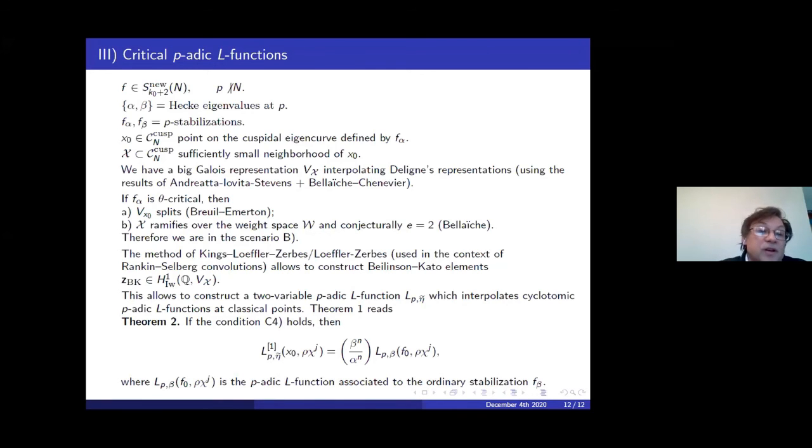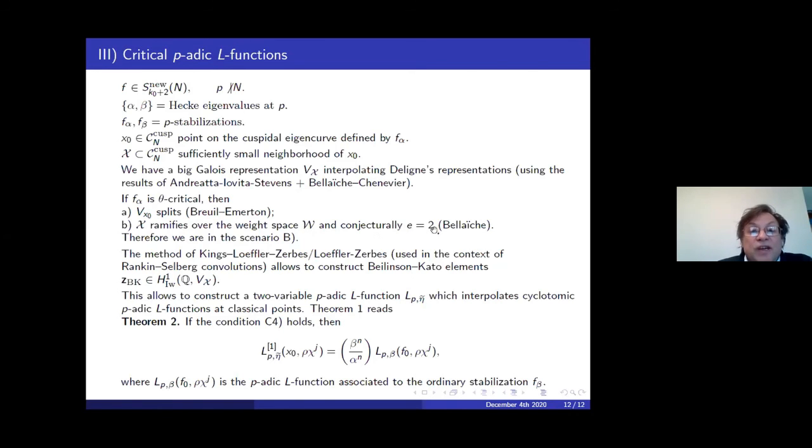If the stabilization F alpha is theta-critical, then a difficult result of Breuil-Emerton says that locally Vx0 splits, and also Bellaïche's result says that X ramifies over the weight space.